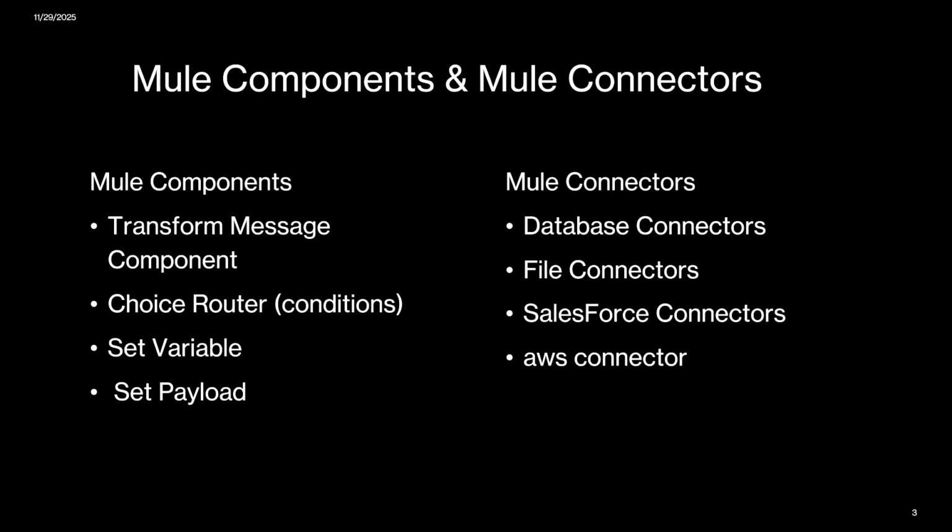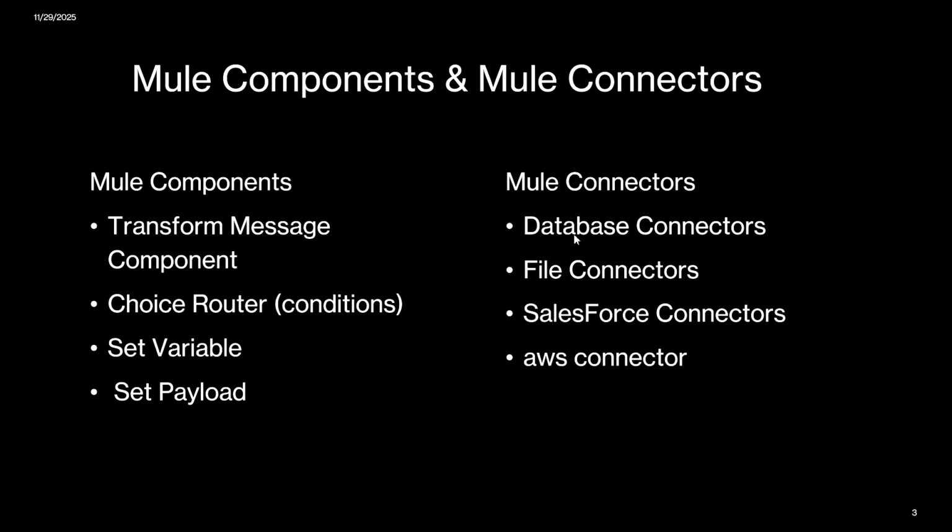So if I talk about the components, these are some examples of Mule components that we can configure with the help of DataWeave, like transform message, choice router, set variables, set payload. So these are some examples that I have taken. Likewise, we can also configure Mule connectors with the help of DataWeave.